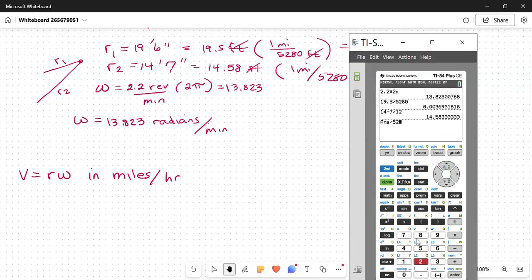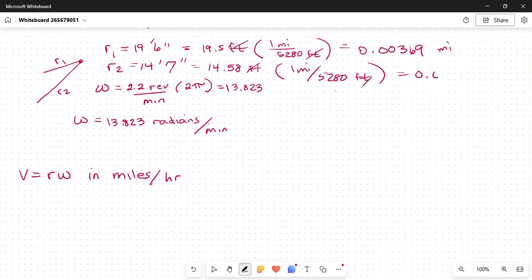Divide by 5,280, and we have 0.00276 miles. Okay, so now we've expressed the radius in terms of miles.